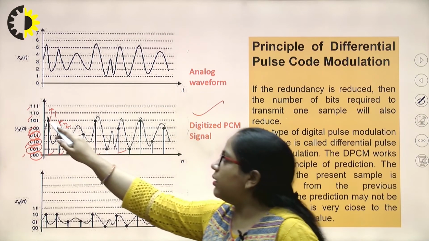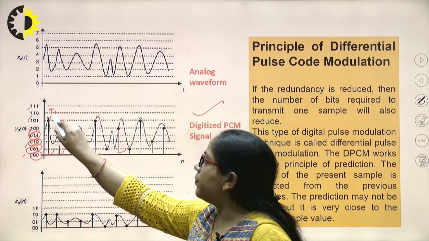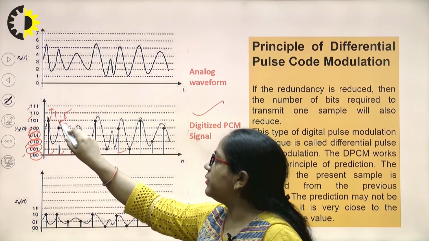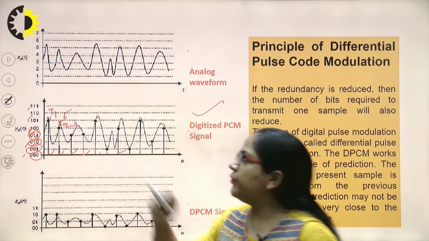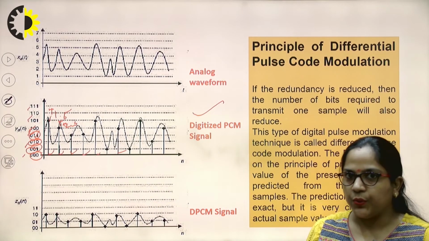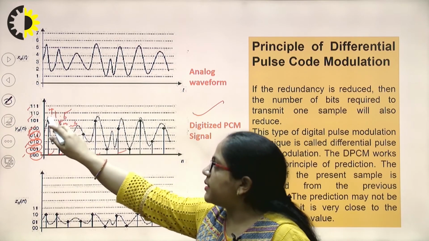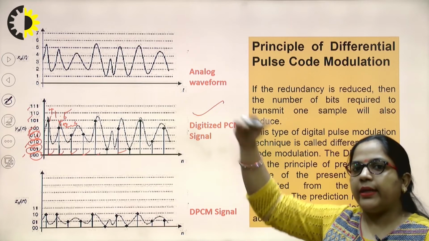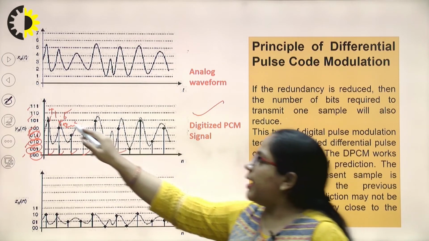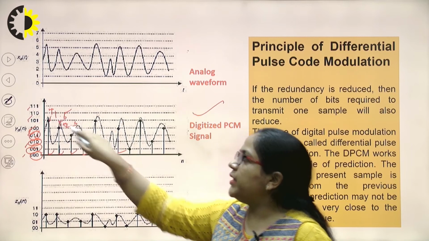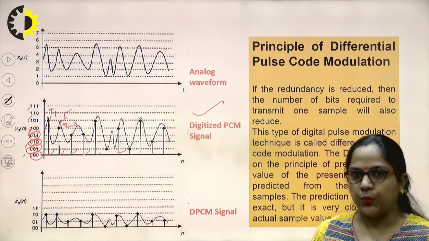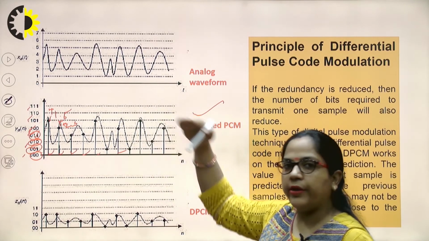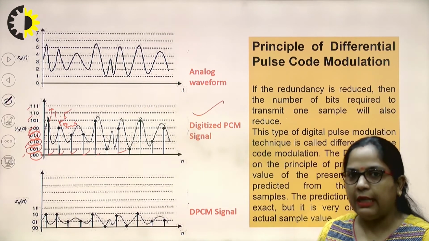Let's say one is 0.5 and the other is 0.3, so 0.5 minus 0.3 becomes 0.2. The maximum amplitude for which we have to select the quantization levels is 0.5, but after taking the difference it becomes 0.2. So now we decide the number of levels according to the 0.2 magnitude.